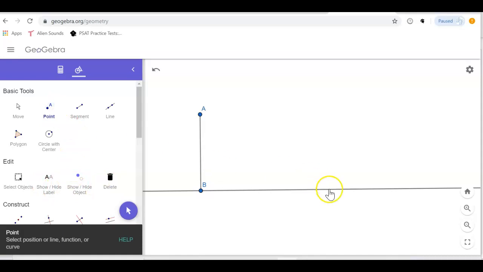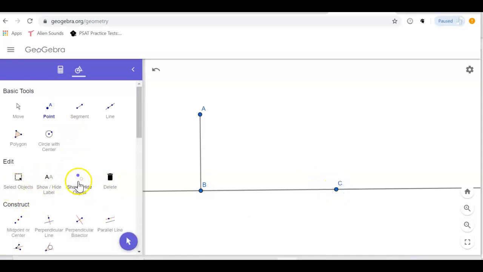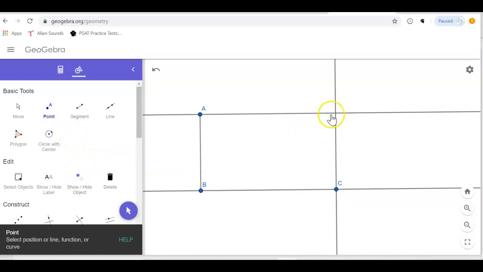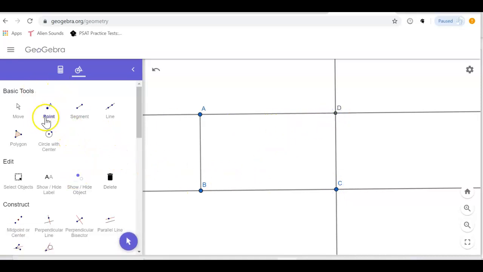So I'm going to plot a point somewhere on this line, and then I'm going to make a parallel line here. Oh, let me undo that. Parallel line here through this point, parallel to this through this point. Then I'm going to mark these intersections.